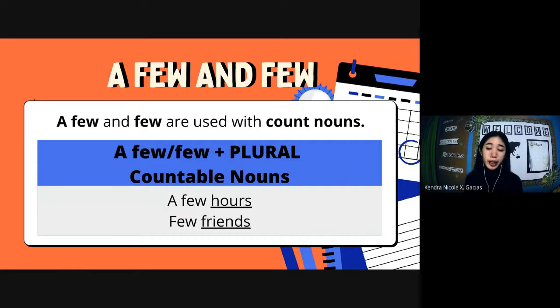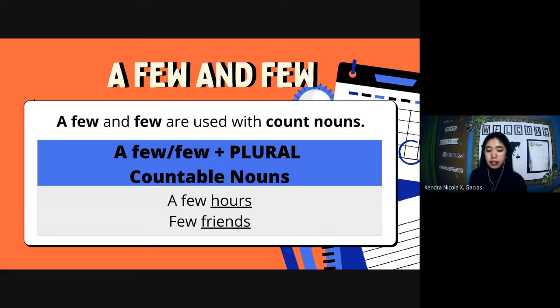So a few and few convey the same meaning as the quantifiers we have earlier, but this time instead of using it with uncountable nouns, these quantifiers are used with plural countable nouns. So as you can see, students and friends are considerably count nouns.